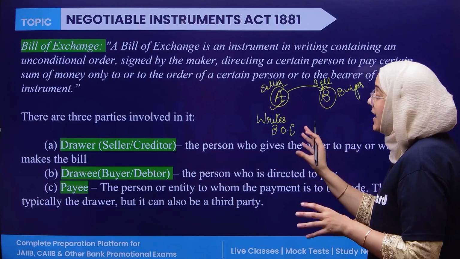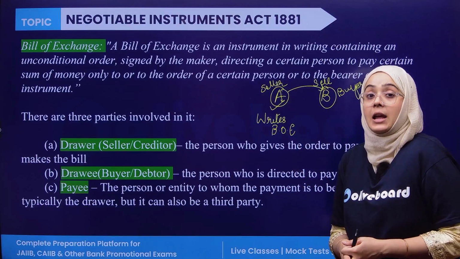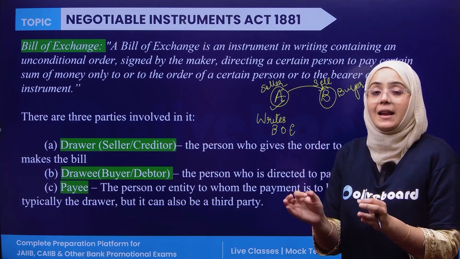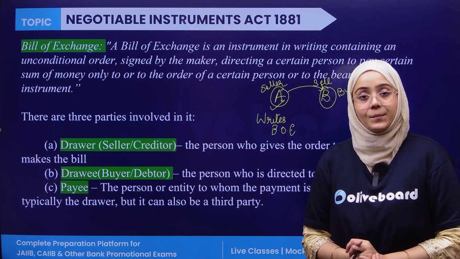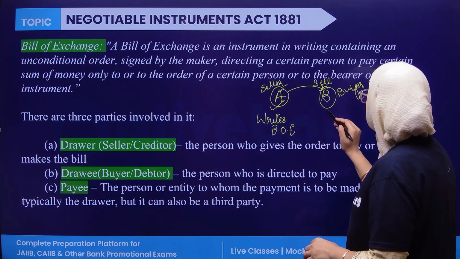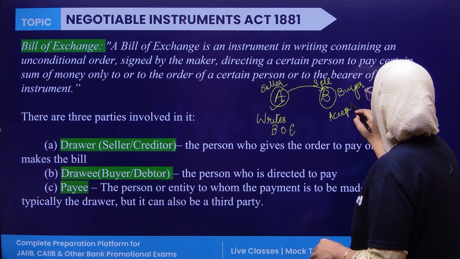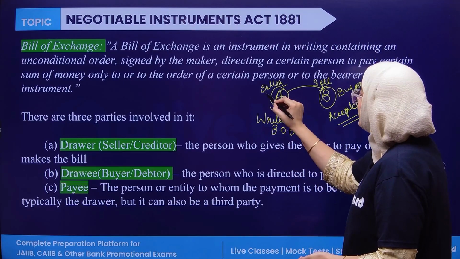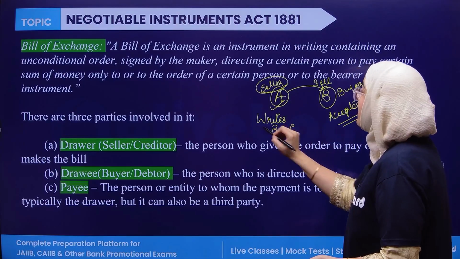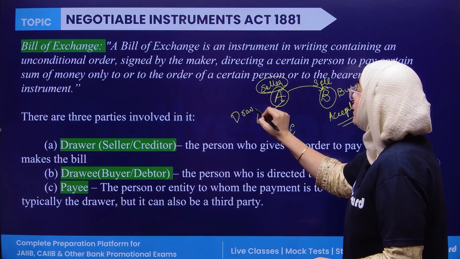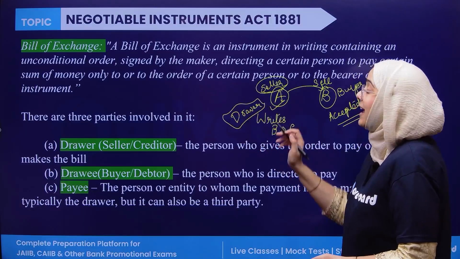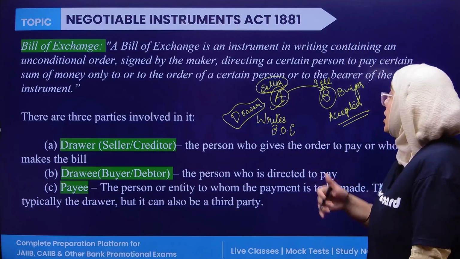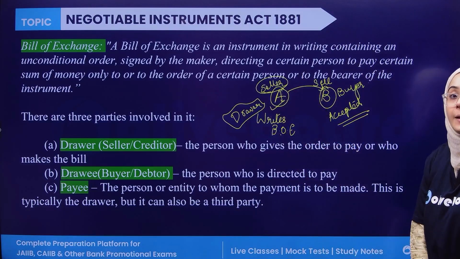Now A has a right to this bill of exchange, that B is responsible to pay A rupees 1 lakh on this date. And this bill of exchange is now accepted by B. It means that in this condition, A, who writes the bill of exchange, is the drawer, the person who gives an order, not a promise, a person who is giving an order to B to pay a certain sum of money.